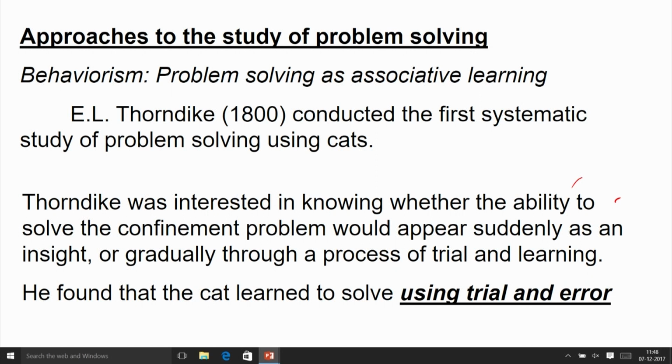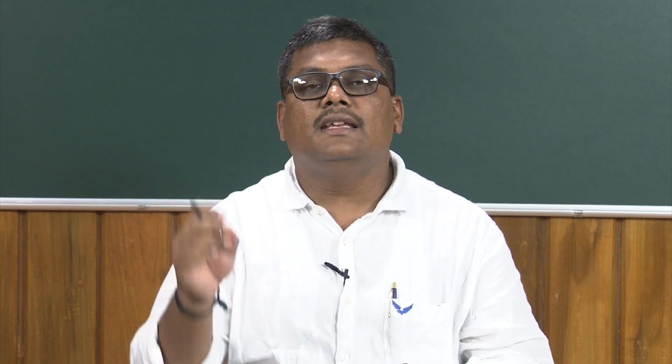And what they found out was that the cat learned that if I press this button, the door will open and I can move out of it through something called trial and error. And what is trial and error? The cat scratched everywhere, and after a number of times, slowly it realized that if I scratch at this button, the door is going to open and I am going to come out of it.